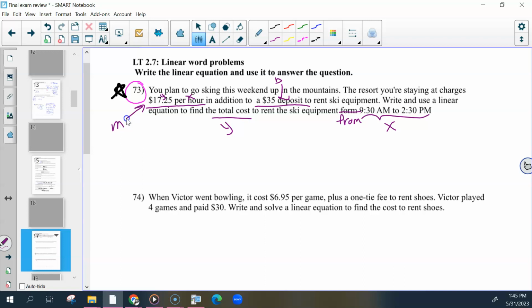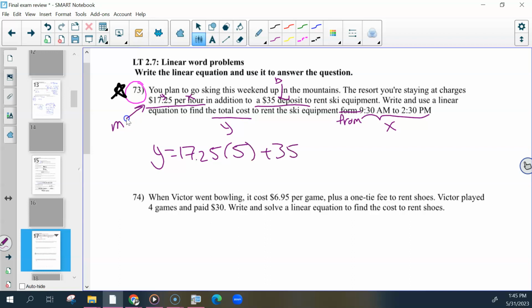And then we still have to find what y is. So y equals, we know our slope is 17.25. How many hours would that be? 5 hours. We would put 5 in for x, and we would add 35.